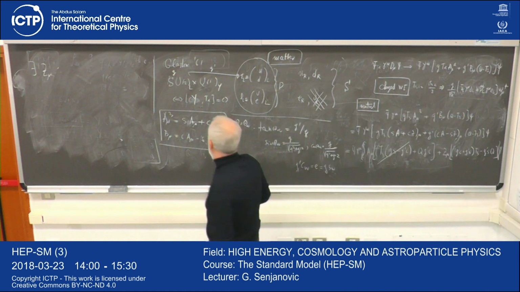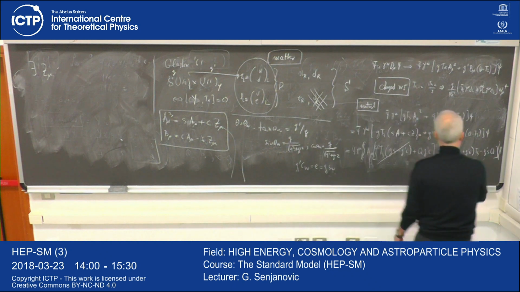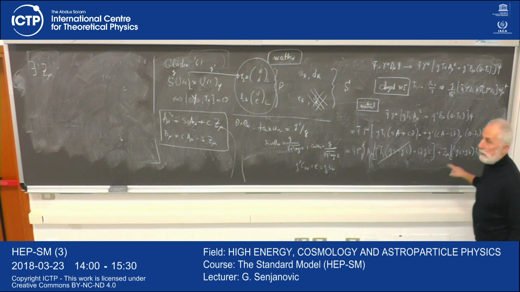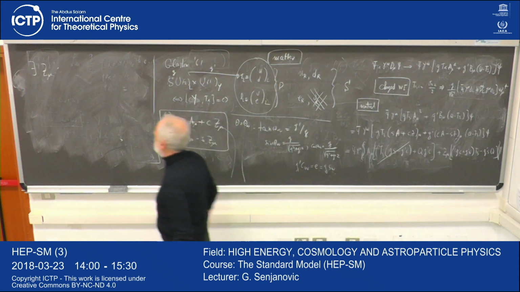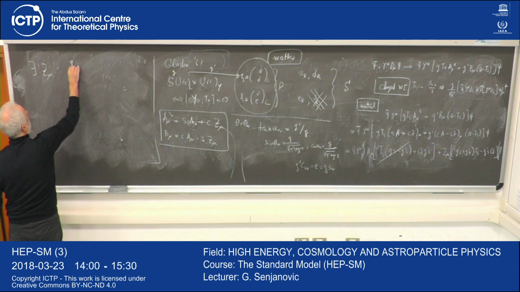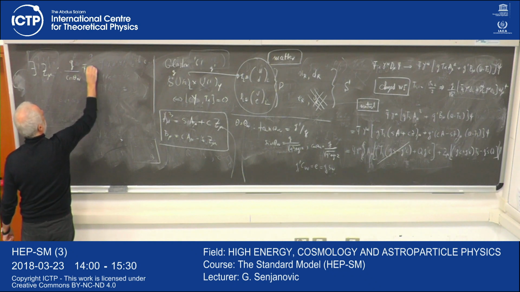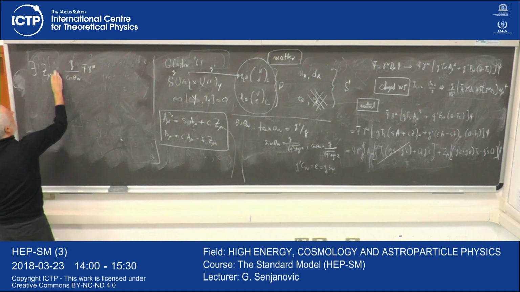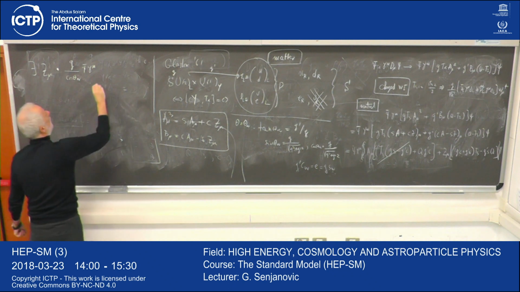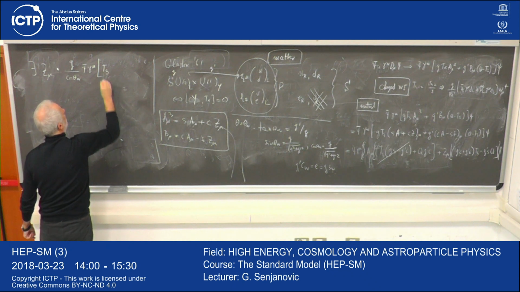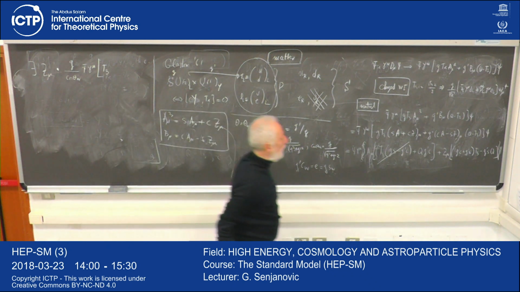You can see immediately I get g c will give me cosine squared, g prime s will give me sine squared. And I'll get g over cosine theta W, I will take cosine theta W out. Let me write the full form here: psi bar gamma mu, Z mu coupled to this T3. Are you with me?